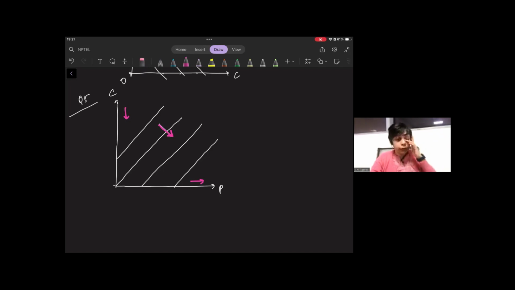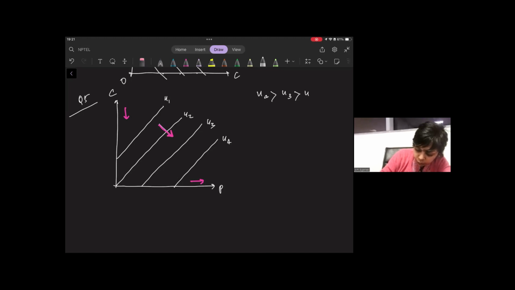This is the direction of increase, at least that's how I've mapped it in my head. The thick pink arrow is the direction of increase of utility. So if I number these U1, U2, U3, U4, what we are saying is U4 is greater than U3 is greater than U2 is greater than U1. So the curve is perpendicular to the direction of the arrow.